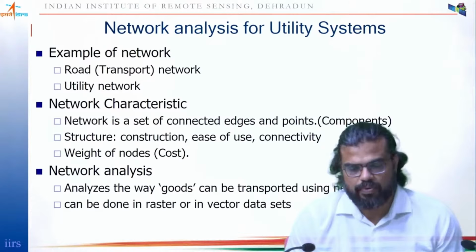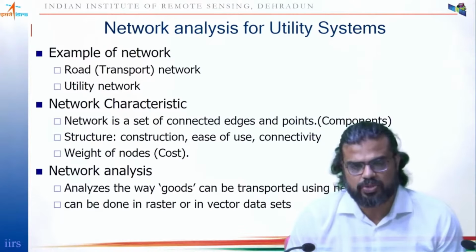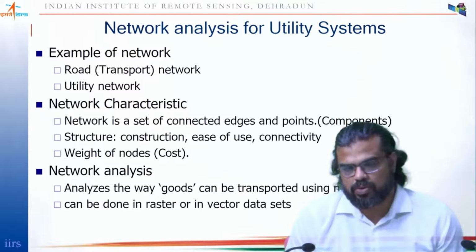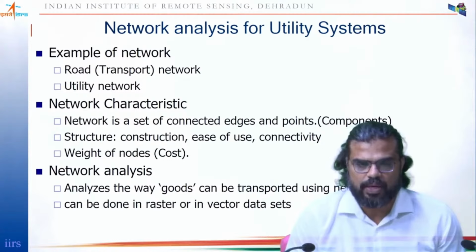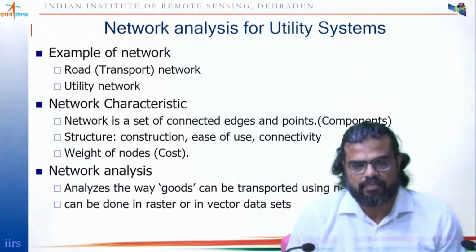There might be a few questions about how the raster is going to be used for network analysis. In rasters, as you may be aware, a raster is nothing but a grid of cells, and these cells have a very unique structure. Each cell's position relative to the others is quite fixed, and that can be used for network analysis.